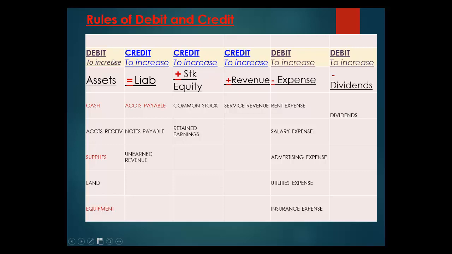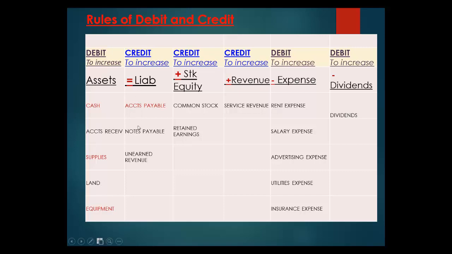So when we increase an asset, we go to that asset's T account, cash for example, and if we want to increase cash, we will debit it. So that means we'll book that part of the journal entry on the left side. Same for accounts receivable, same for supplies, land, equipment, for all assets. When we increase them, when we post that on the T account, we will write it on the left-hand side.